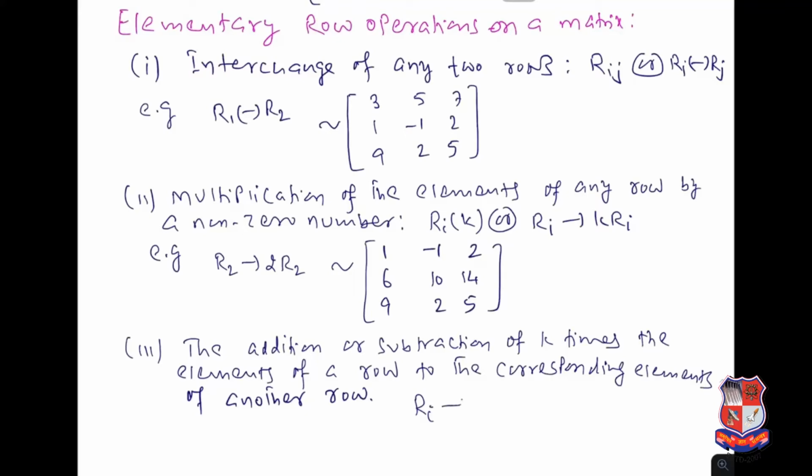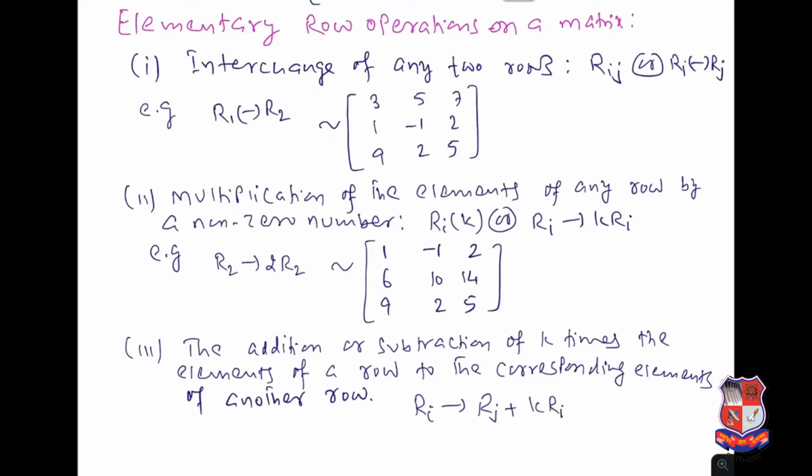Suppose I want to multiply every element of ith row by k and add to jth row. Okay, so we write like this, that is Rj plus k times Ri.